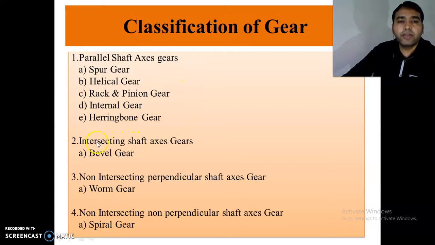When two shafts intersect with each other, then bevel gear are used. Third, non-intersecting but perpendicular to each other, then worm gear are used. And last, non-intersecting and non-perpendicular shaft axis, so spiral gear are used. So this is the simple classification of the gears.